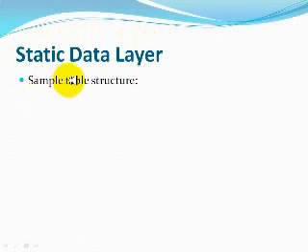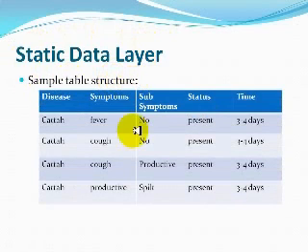Okay, here you can see a sample table structure of the system. This is how the data is stored inside the database. You can see a sample table with the column names of diseases, symptoms, sub-symptoms, stages and time. For one particular disease, the disease kata, you can see how the information is stored.